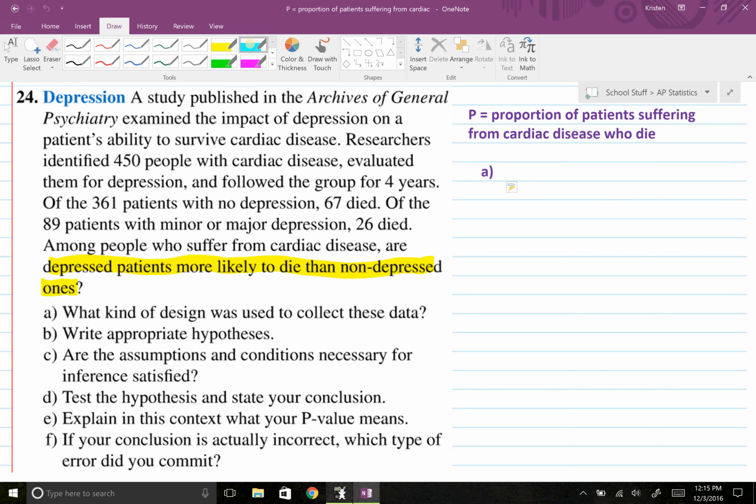Well, looking at this, it says we identify the patients, evaluate them for depression, and then follow the group for 4 years. Now that's going to tell me that since I've identified the patients first and then watch them, hopefully you understand that is a prospective observational study.